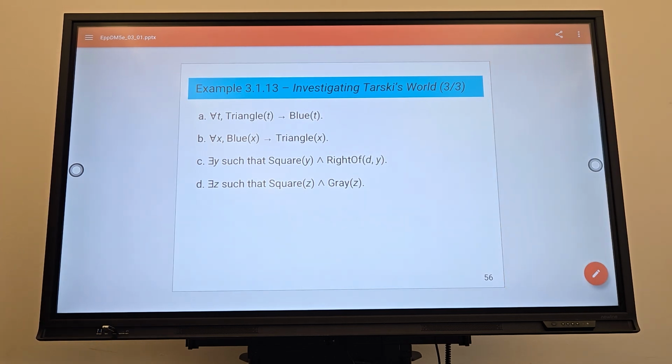For all t, if t is a triangle, then t is blue. For all x, if x is blue, then x is a triangle. You can refer back to the diagram on the previous slide to determine which of these are true and which are false.